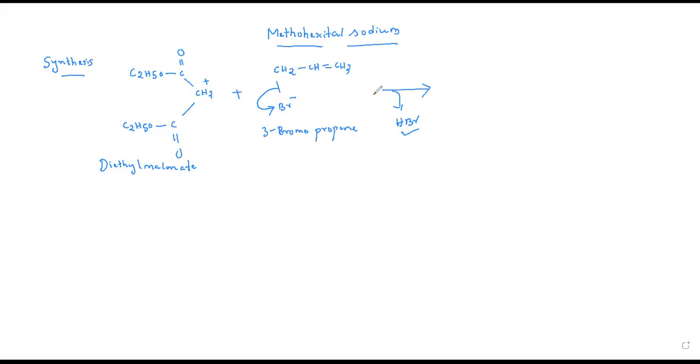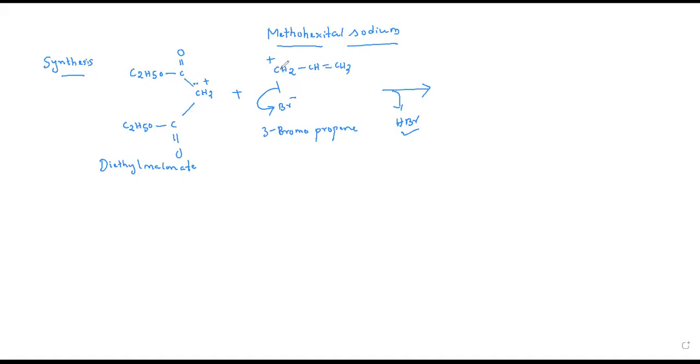This is how HBr is liberated as a byproduct. So when hydrogen leaves the reaction, here carbon will get a lone pair of electrons, and when bromine leaves the reaction, carbon will get a positive charge because bromine is highly electronegative. So the adjacent carbon will become electron deficient.